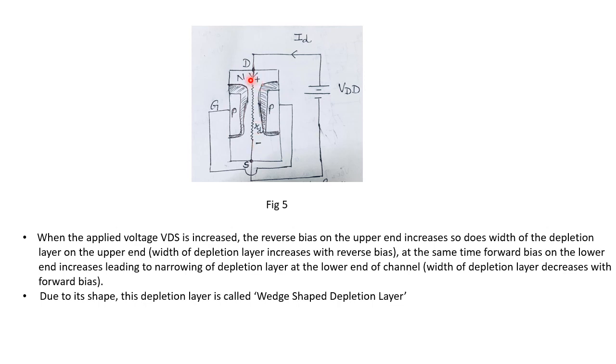And when the n-type semiconductor is at a positive potential, then it is deemed to be reverse biased. Hence, at this end of the channel, the PN junction has more reverse bias, because at this end the N channel is at a positive potential.